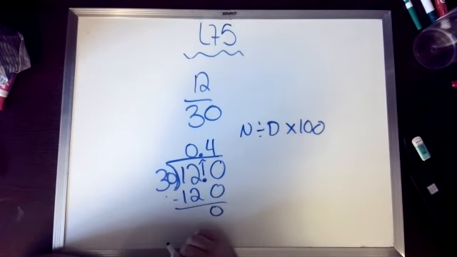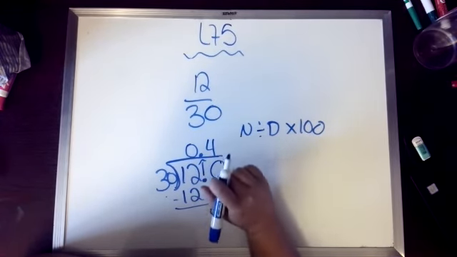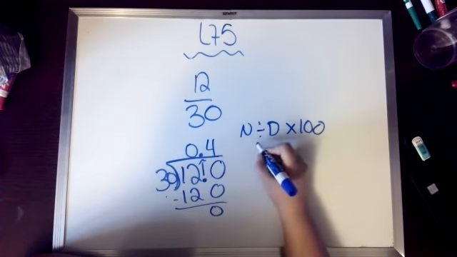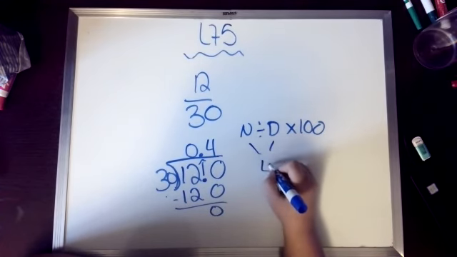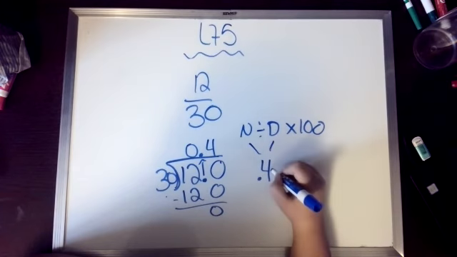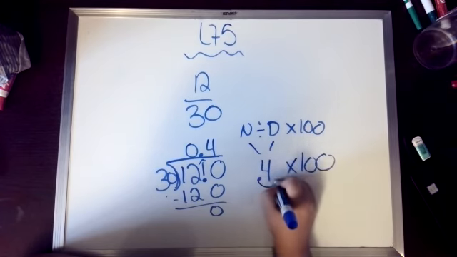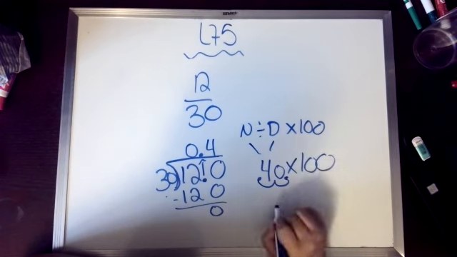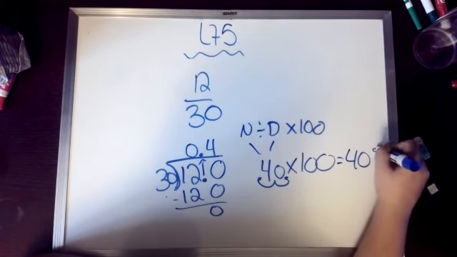Subtract, equals 0, which means 12/30ths is 4 tenths. Now it's nice and simple. Numerator divided by denominator is 4 tenths. 4 tenths times 100, I'm just taking that and moving it over twice, putting in my 0, gives me 40. So you have 40%.